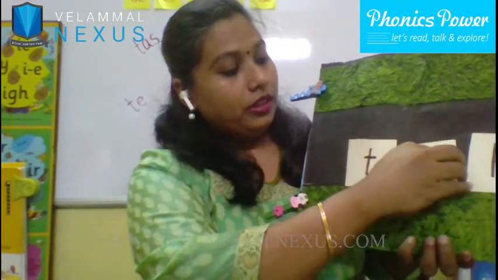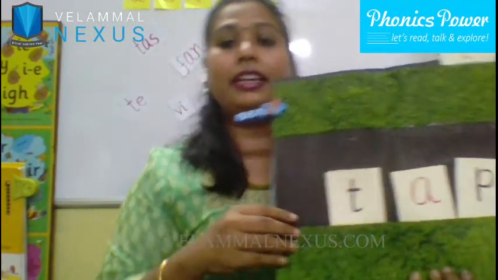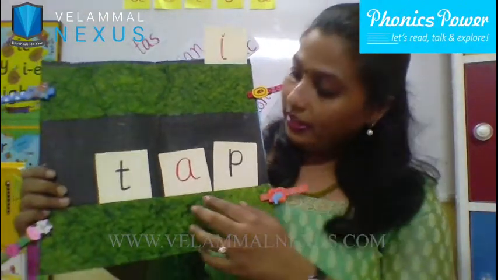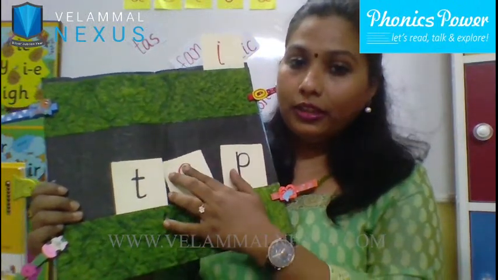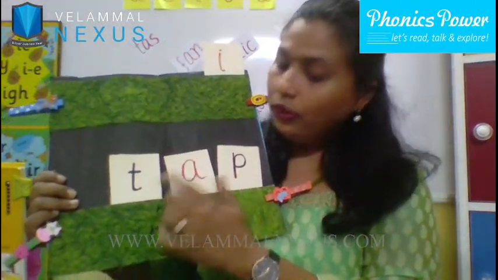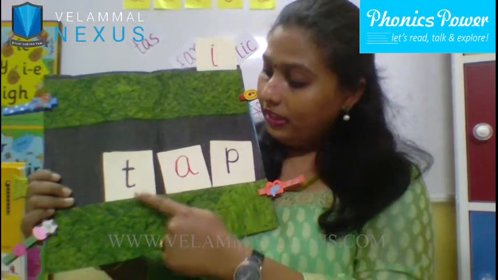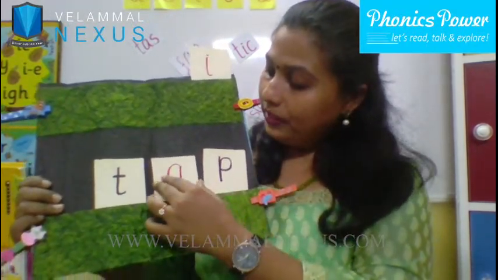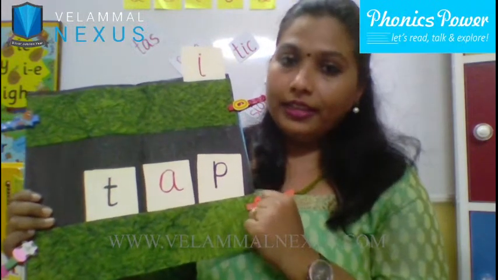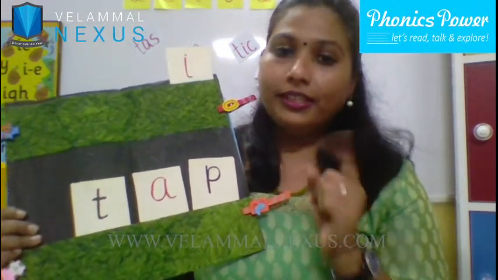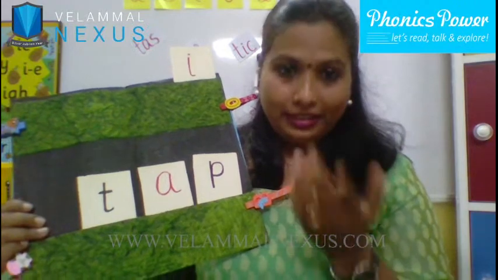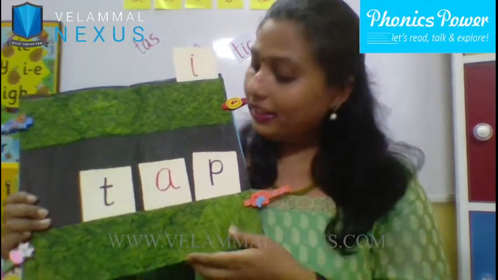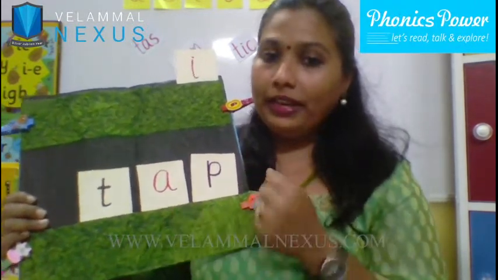I have taught you some blending techniques yesterday, so you could use those techniques to make them read the words. You can ask them to blend the word: t, a, p, tap. That's the second step. First is identification, letter sound correspondence. The next step is to blend.